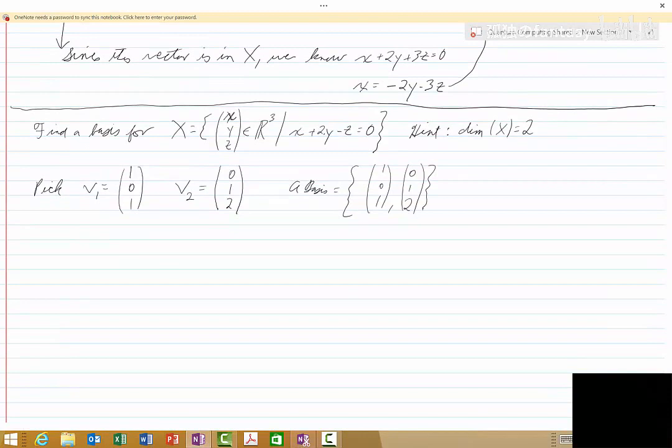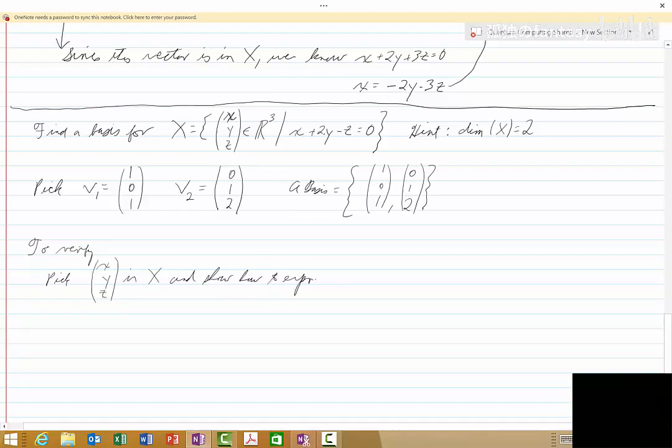And again, to verify it, we'll pick x, y, z in X and show how to express it in terms of V1 and V2.